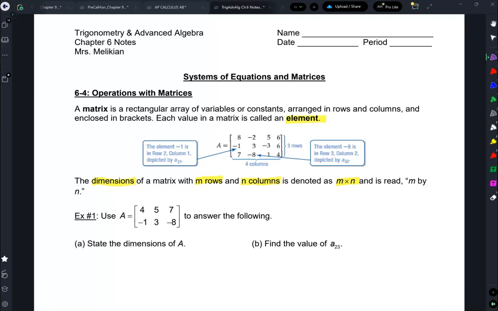So in this case, we have 1, 2, 3 rows, 4 columns. So this is how the dimensions are given, but it's read as 3 by 4. So obviously, if you mess that up and say 4 by 3, it's a completely different looking matrix.